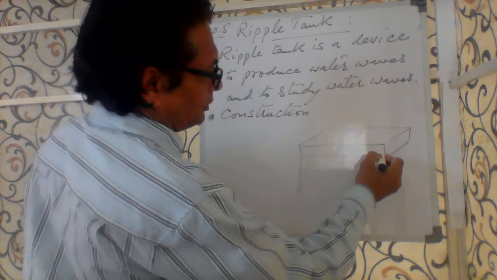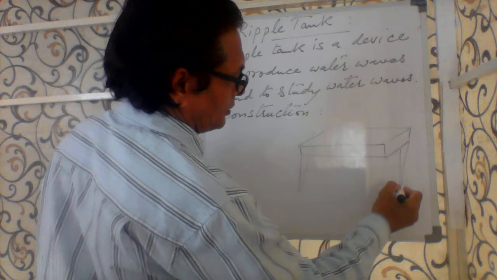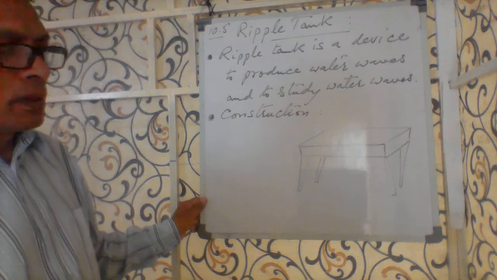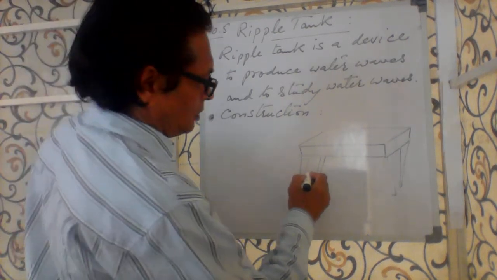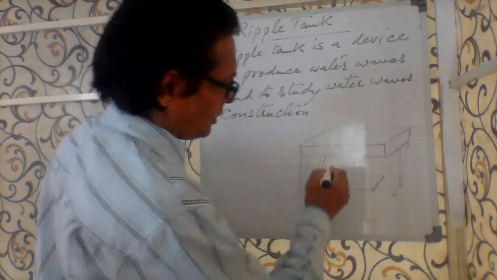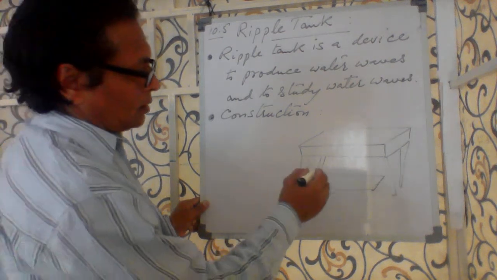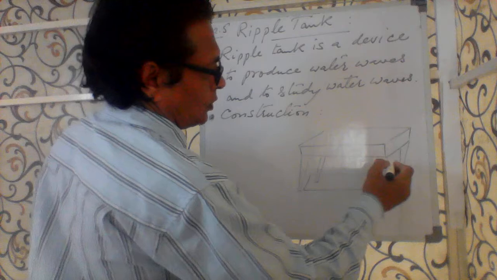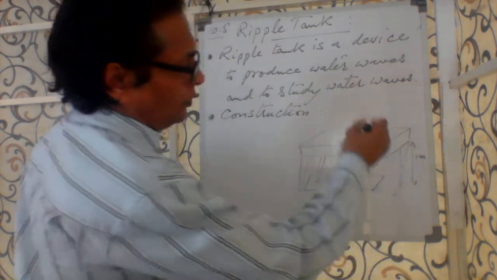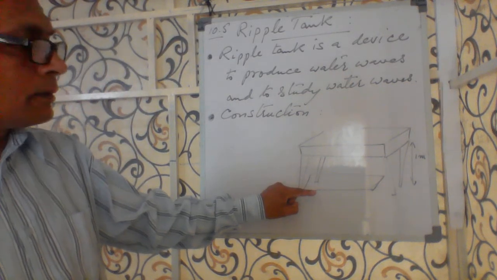It is fixed on 4 legs. And a white sheet is under this glass tray. This glass tray is approximately 1 meter above this white sheet, white screen.